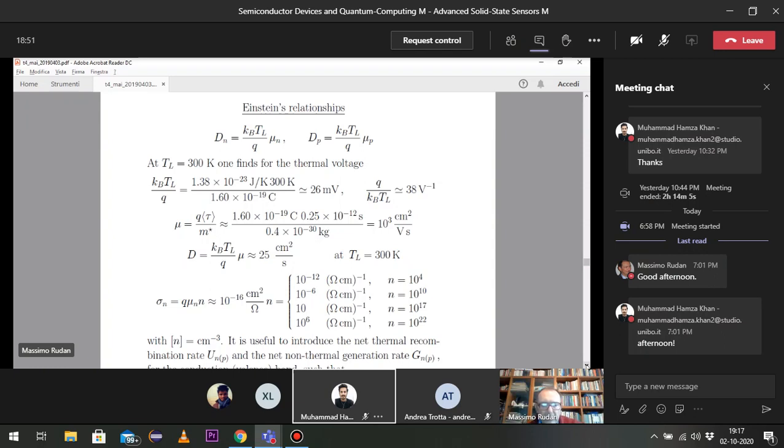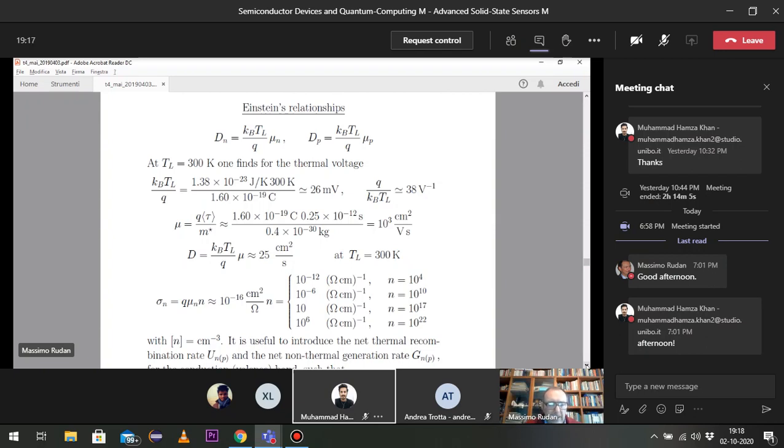Then we can make an estimate of conductivity. For instance, we take the conductivity of the electrons. You remember, the conductivity of the electrons is equal to Q times the mobility times the concentration of the electrons, okay? And we can perform this type of estimate considering different cases.